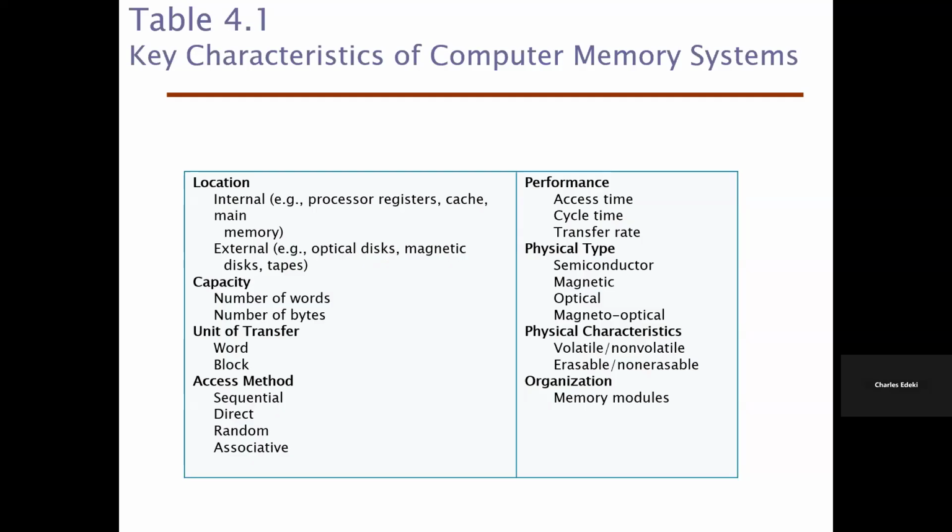Then next we go to capacity. Wait a few seconds again if it's okay. For capacity, we can see what they gave us: number of words and number of bytes.